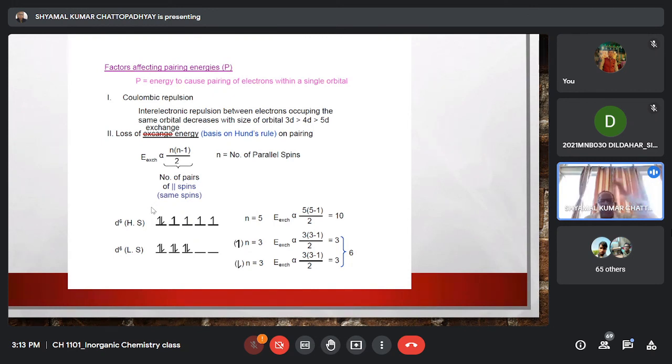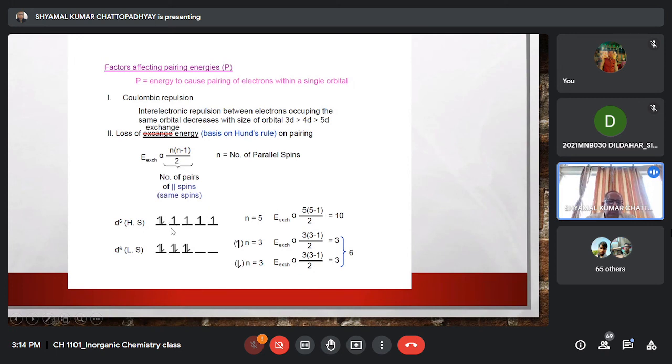Just as you have learned in resonance, the more the number of resonance structures, the greater the stability. Here we can say the more the number of exchanges possible, the more the stability. So when you have 5 electrons which can exchange between themselves, what are the possible exchanges? 5C2, which is equal to 10. So 10 exchanges between the upspin electrons are possible.